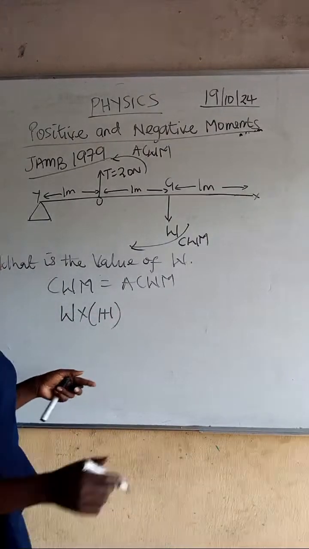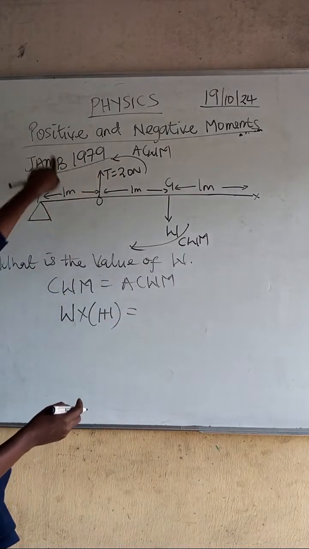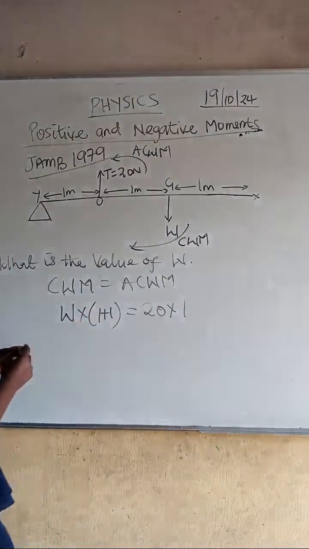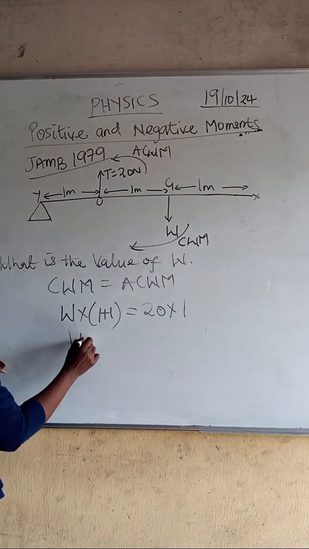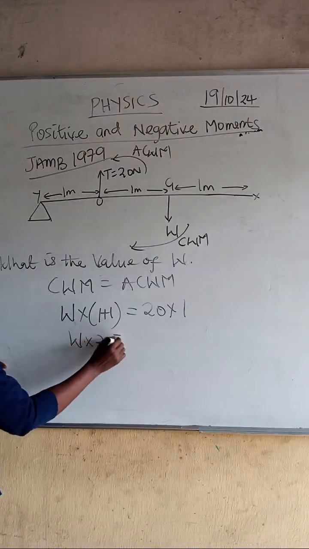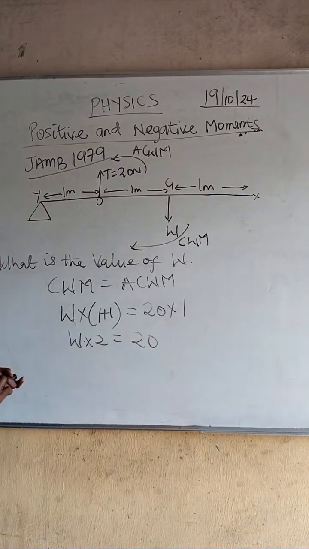That's my total distance. Okay, then is equals to, the tension T is acting anti-clockwise. So we are going from here to here, becomes 1. So if you go by that, we are going to say this is W times 1 plus 1 is what? 2. This is times 2 is equals to 20 times 1 becomes what? 20.